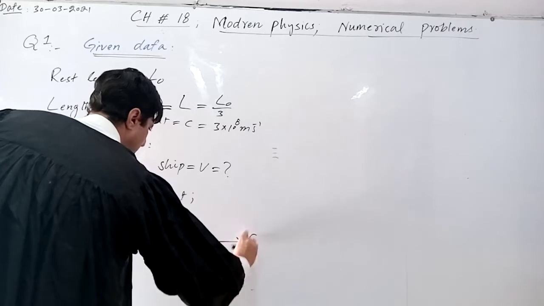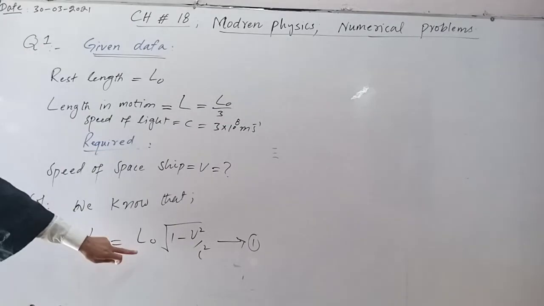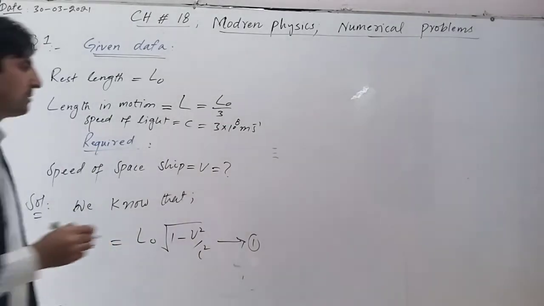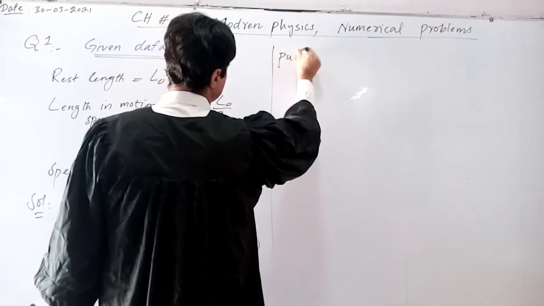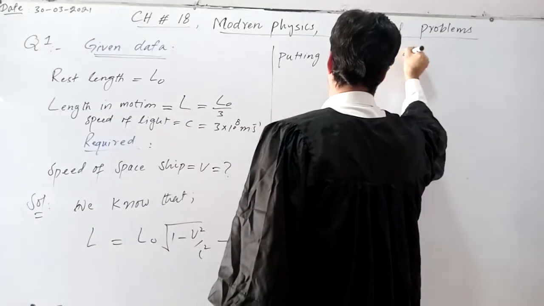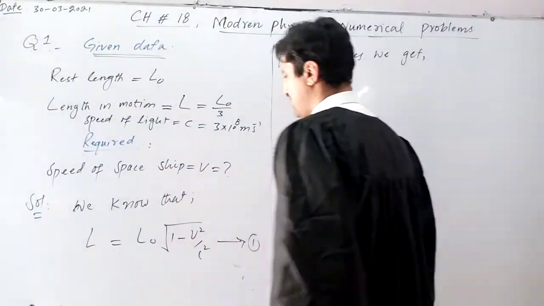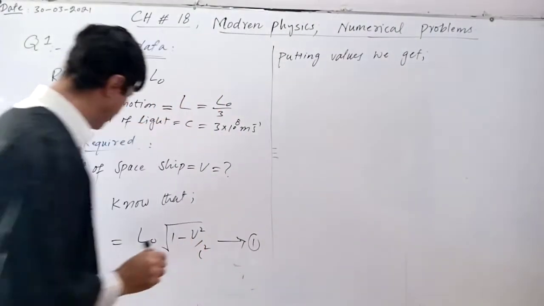Say suppose this is equation number 1. We have to put all the values from the given data in equation 1 to get the speed. So instead of L, we can write L0 divided by 3.